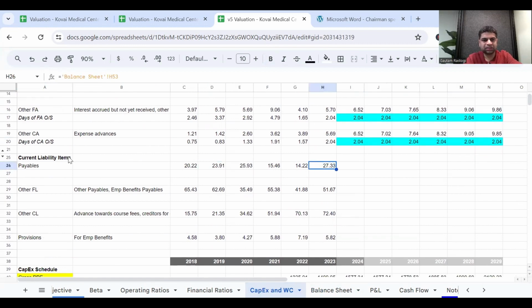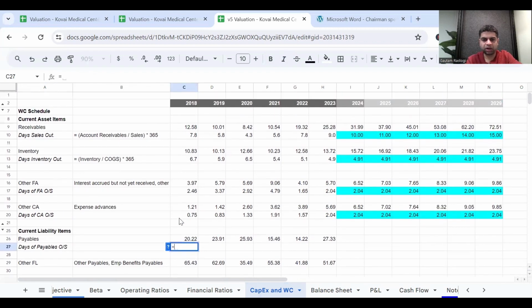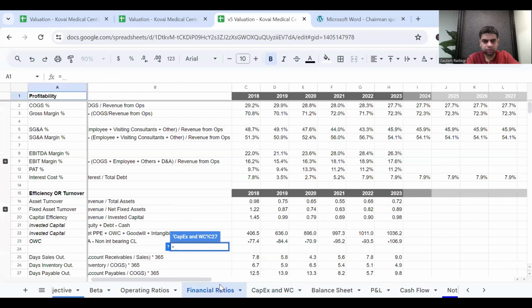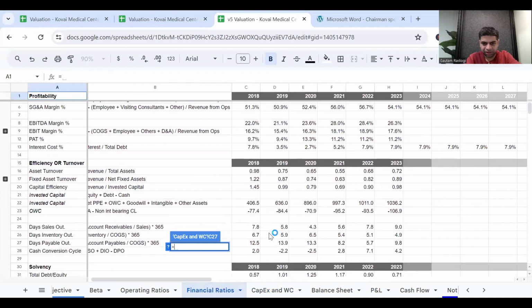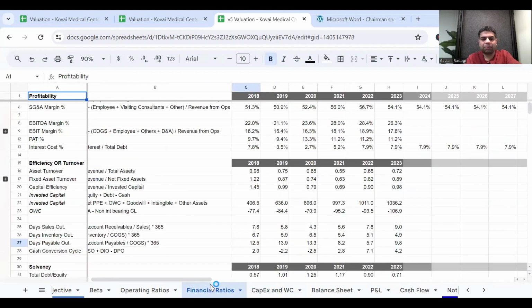Look at what we have for payables. Again, it should be days of payable outstanding. I think I didn't pull it from the financial ratio sheet, so let me do it right now. So here, 12.5.